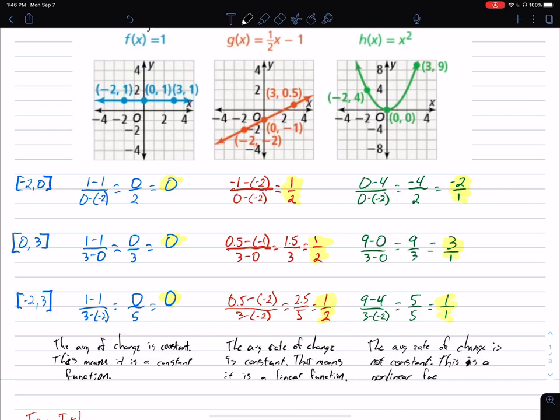Now, it's not going to tell me whether it's a parabola, a cubic, or a quadratic, but what it does tell me is that it's not going to be a line. So if your average rate of change varies throughout your graph, it's a nonlinear function. And in the blue and red one, where it was constant, you will have a linear function.